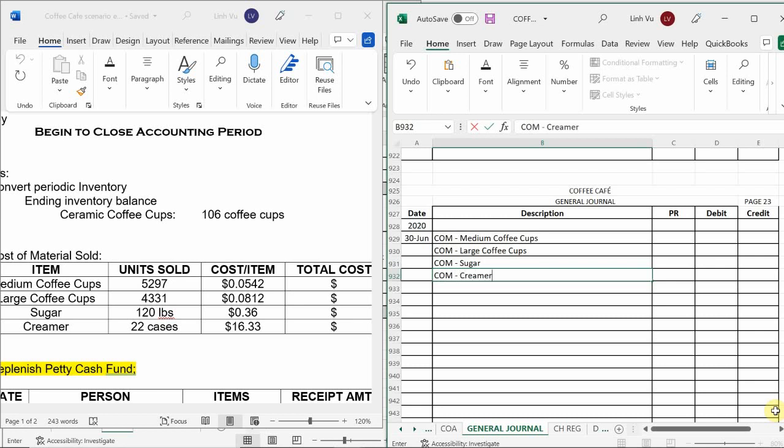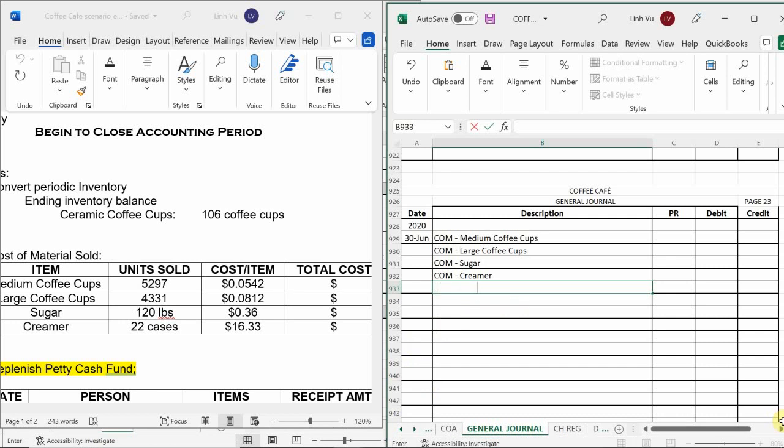I'm just going to go ahead and put them all together, because essentially this section is just calculating the cost of the materials. Instead of doing one line at a time, cost of materials for the medium coffee cups and then taking them directly out from the item here, we're going to save ourselves time and just put them all together into one journal entry so we can reflect what your actual total cost of materials are. And we talked about this: where does it come out from?